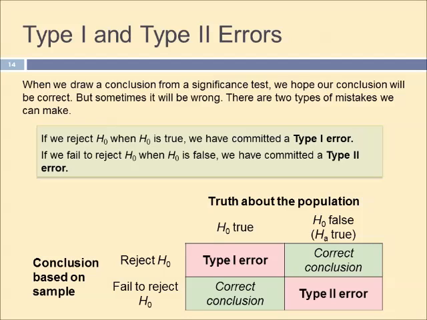Either the null hypothesis is true or it's false, and the alternative hypothesis is true. So in 2 of those cases, for example, if we fail to reject the null hypothesis when the null hypothesis is true, that's a correct decision. Or if we reject the null hypothesis when it's false, that's also correct. In the other 2 cases, we've made an error.